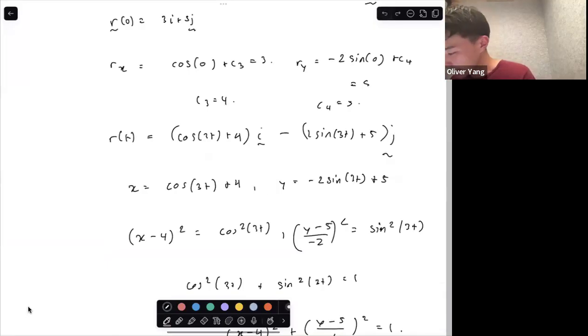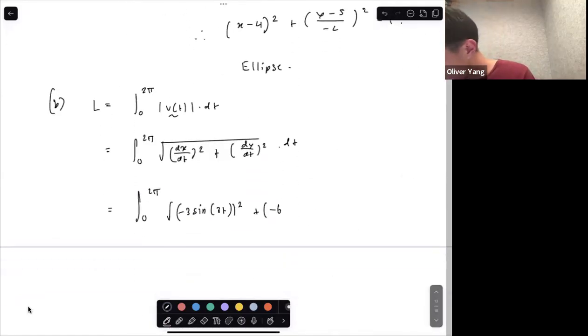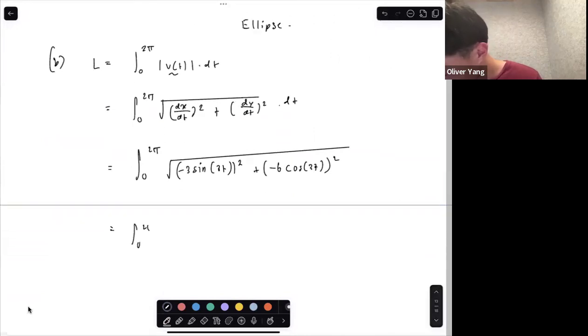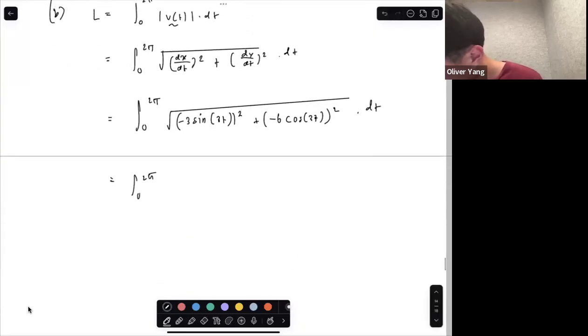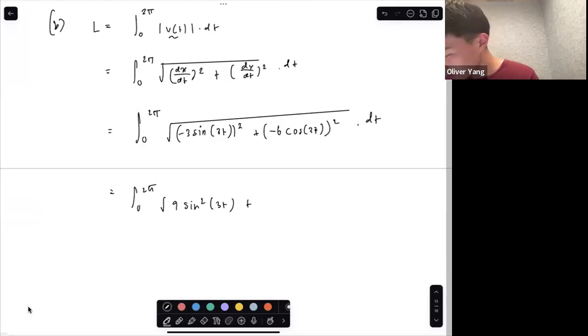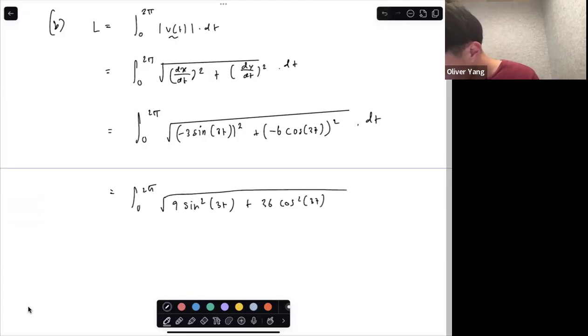That would be negative 6 cos 3t, so negative 6 cos 3t squared, dt. And then so we get in here 9 sine squared 3t plus 36 cos squared 3t. Okay, square root of all of that.